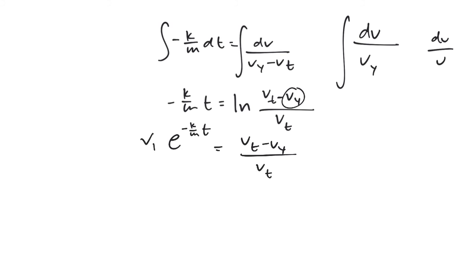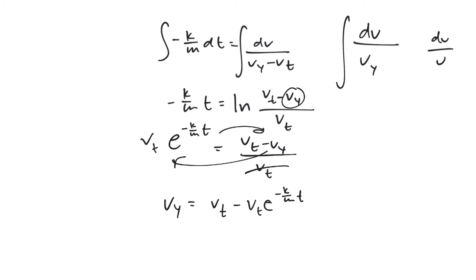We can multiply both sides by Vt, and then move everything around, take the negative Vy over there, and you get Vy equals Vt minus Vt e to the negative k over m t. Factor that out, you get Vy equals terminal velocity times (1 minus e to the negative k over m t). So you can see it's not a very pretty function.